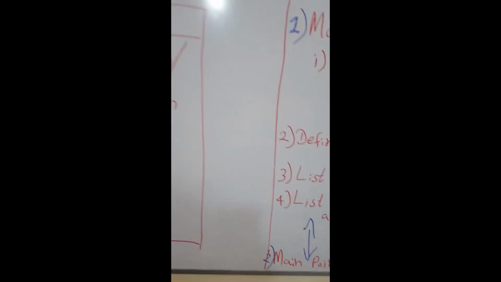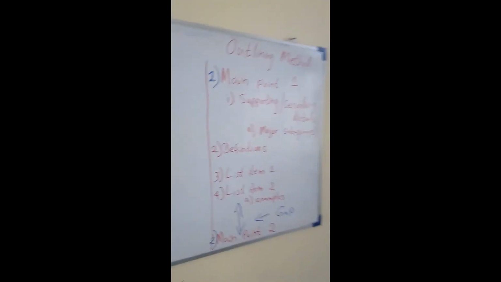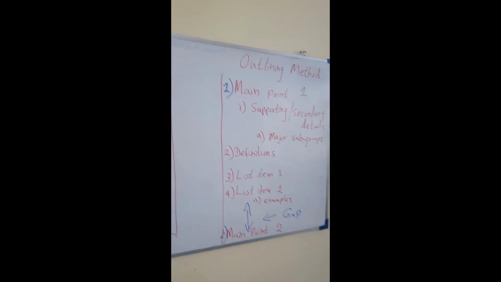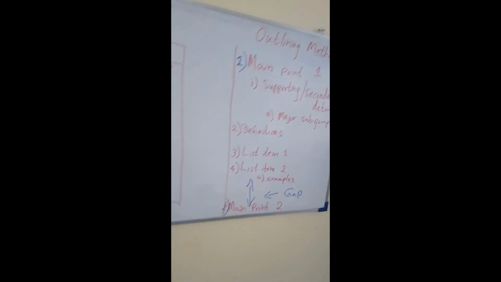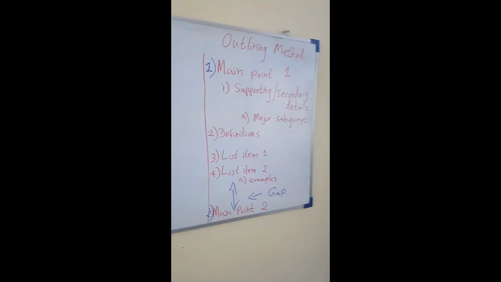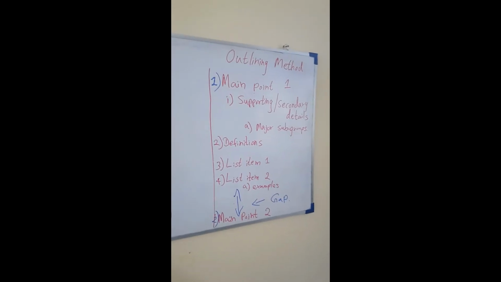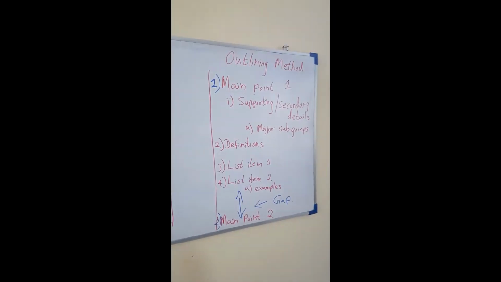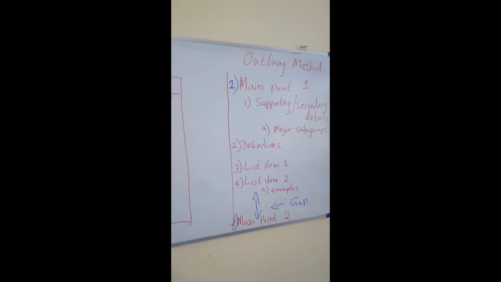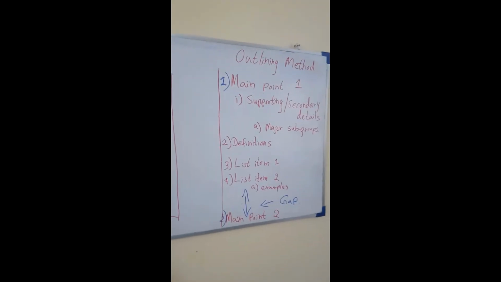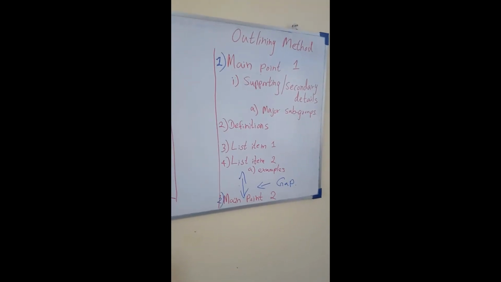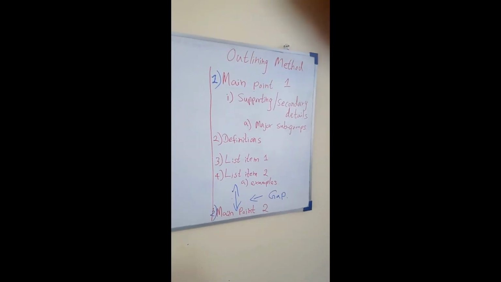So like that you can use the outlining method to prepare more organized content. So if you are a person with a logical mind who enjoys having everything in a particular order, the outlining method is just the method for you.